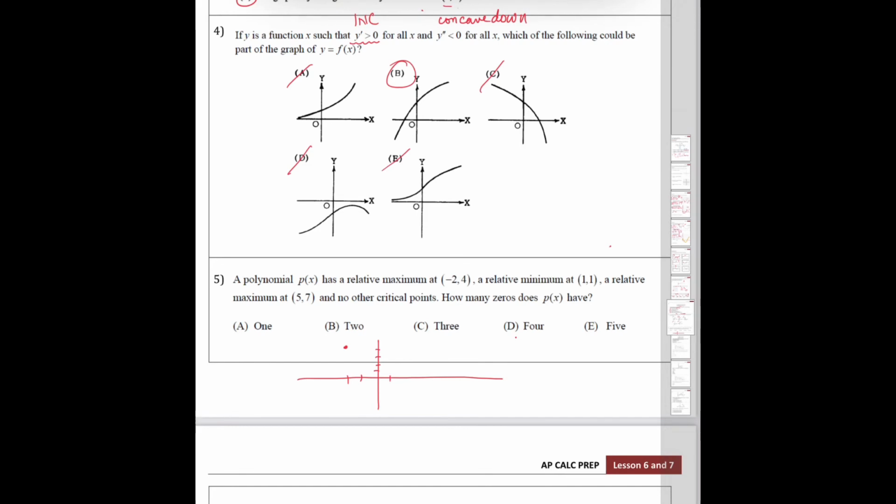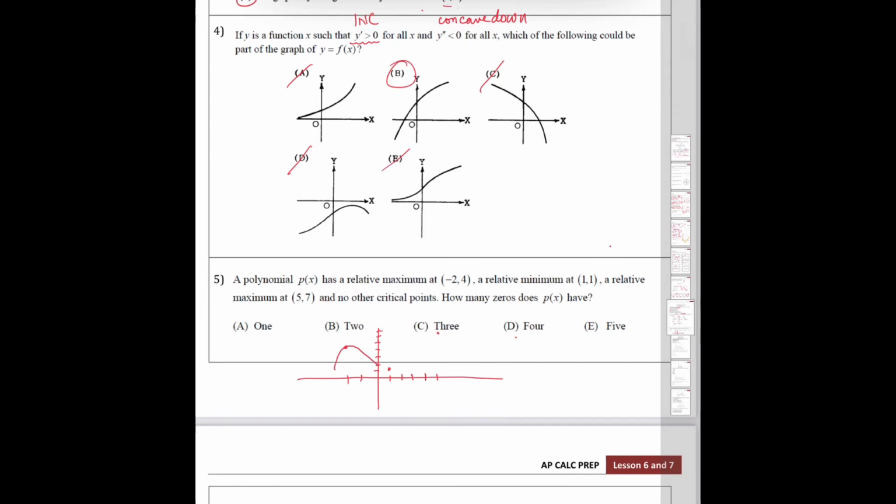So it has a max here, and then a minimum at (1, 1), and then another maximum at (5, 7). So that is a maximum and no other critical points.